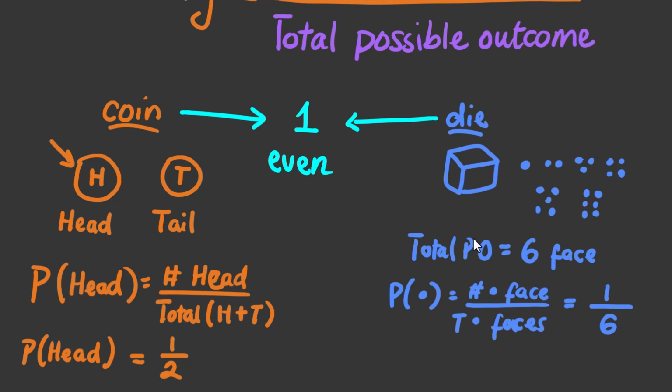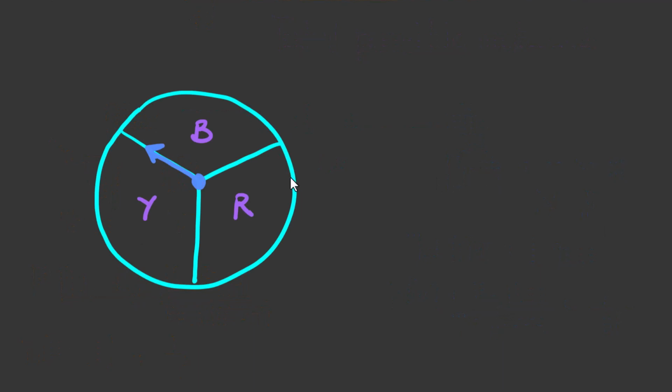There are some other cases where you might be asked about a specific type of scenario. Another scenario is where you're asked to spin a wheel, and what is the probability that the arrow lands on any of these spaces? For example, what is the probability of getting a B?